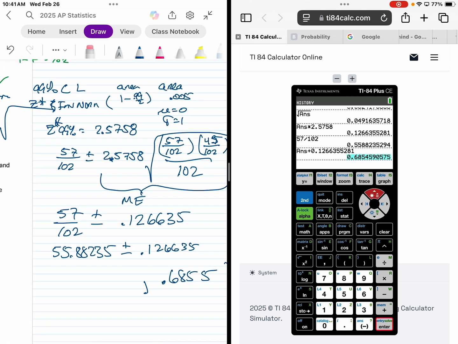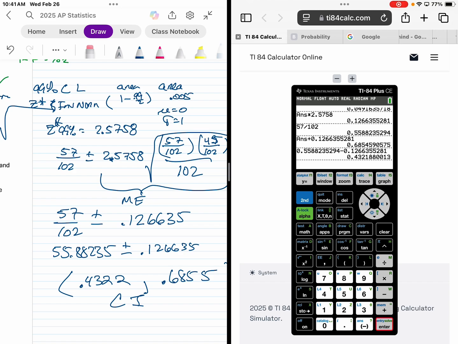And then when I go back and subtract that square root part and then enter, that gives me 0.4322. So there is my confidence interval.